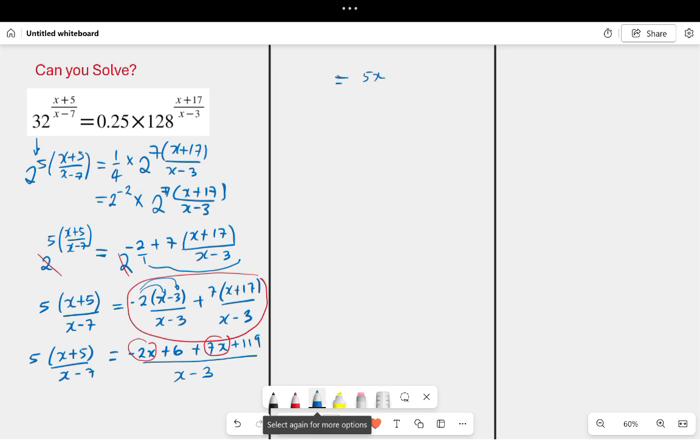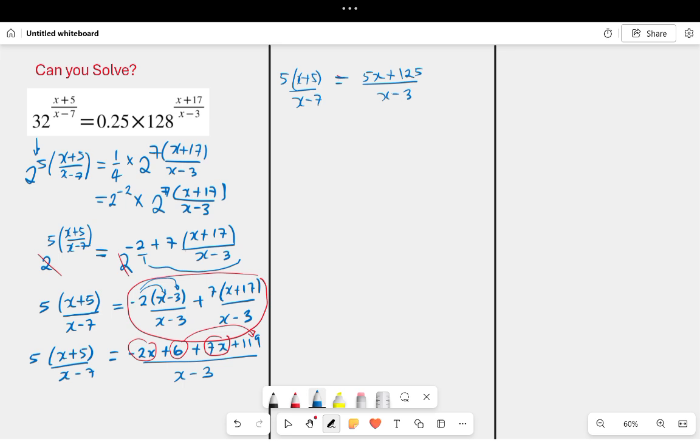And 6 plus 119 is going to be equal to 125. So plus 125, everything divided by x minus 3 should be equal to 5 into brackets x plus 5 divided by x minus 7.